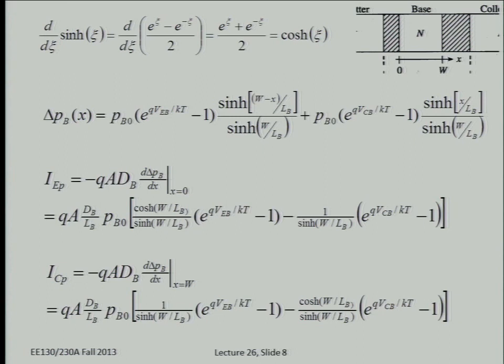And if you work through the math, it comes out to these very messy looking terms here. But the key is that we've now derived expressions for I_E, the whole diffusion current entering into the base, and this is the whole diffusion current exiting the base. So we take the ratio of those, and that gives us the base transport factor.